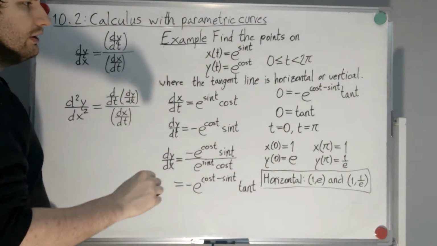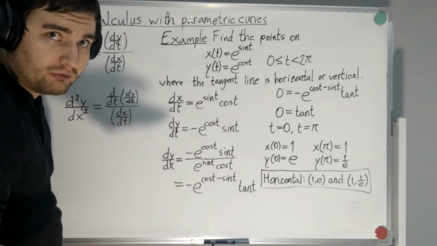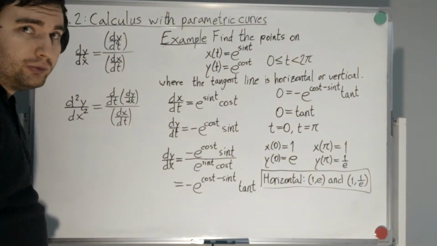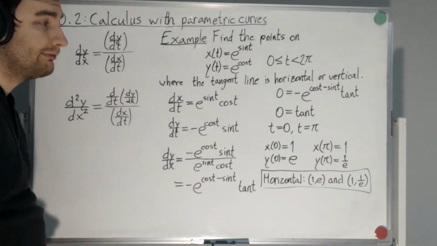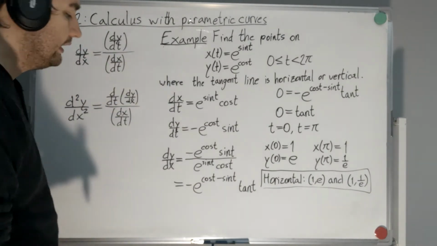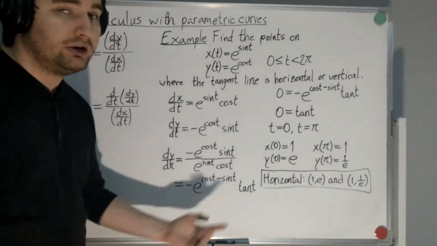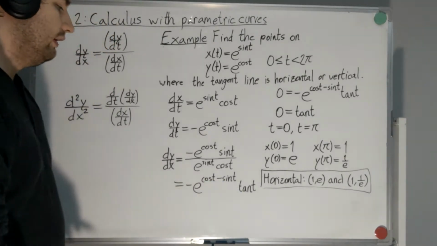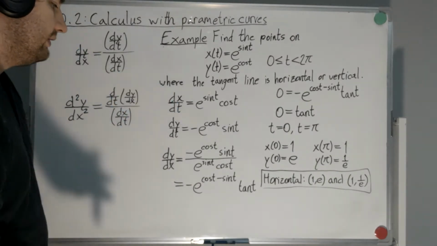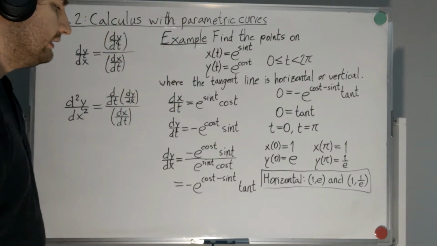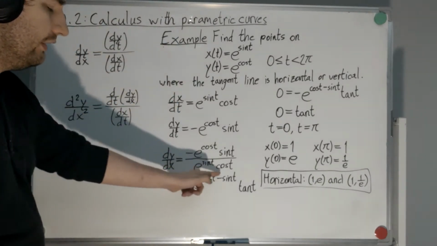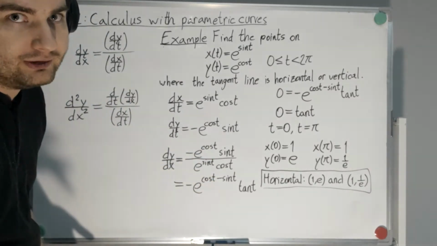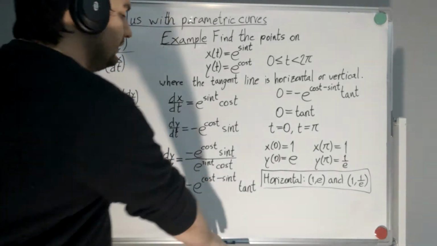Right, so to find where the tangent line is vertical, well, the tangent line is vertical exactly when its slope is undefined. So what we're looking for in that case is for this function right here to be undefined. All right, well, easiest way to see where this is undefined is to set this denominator equal to 0. Because obviously if the denominator is 0, then the fraction doesn't make sense, right?